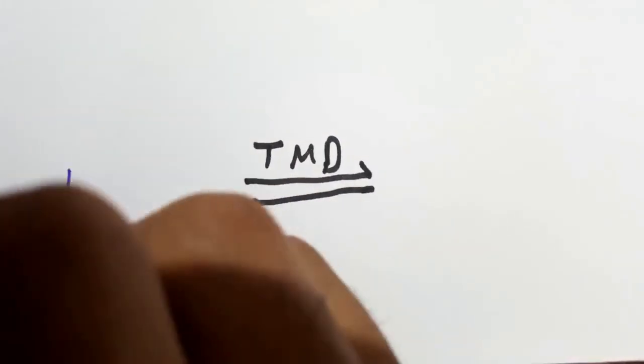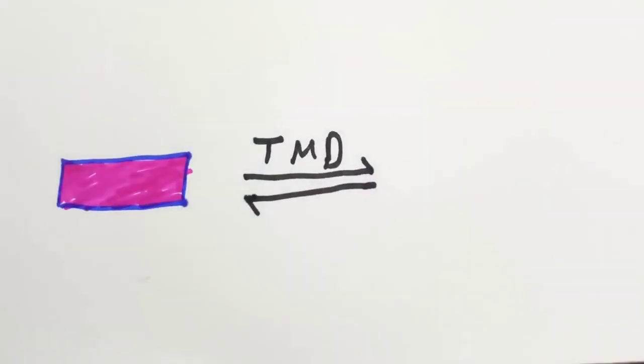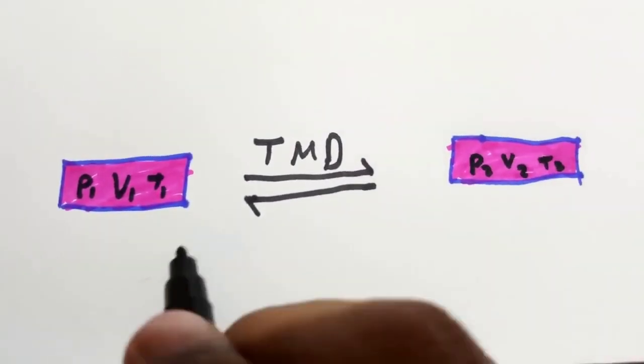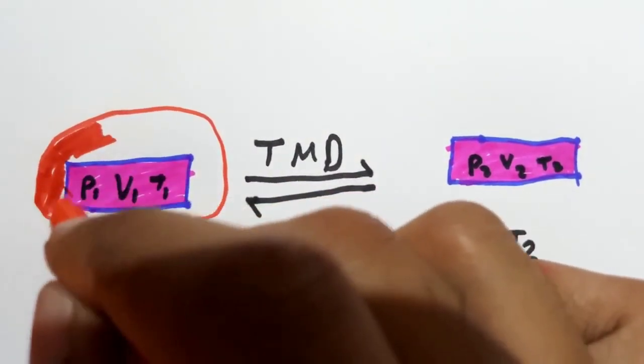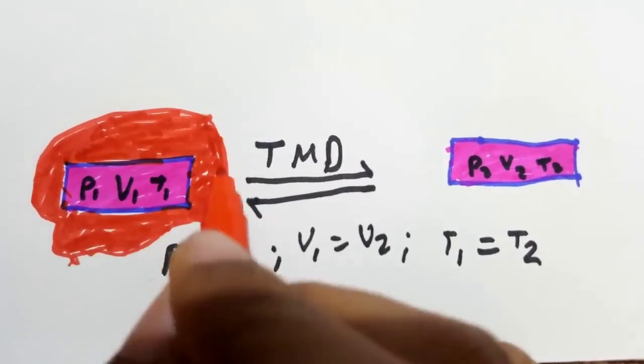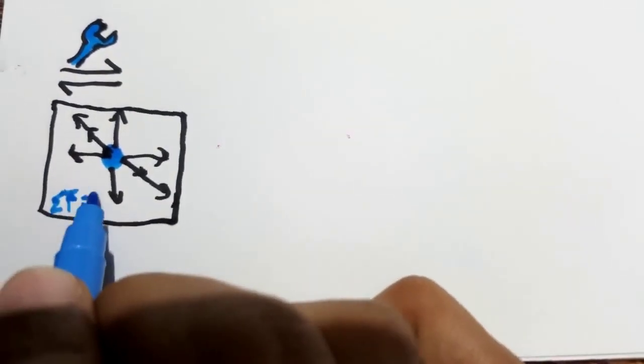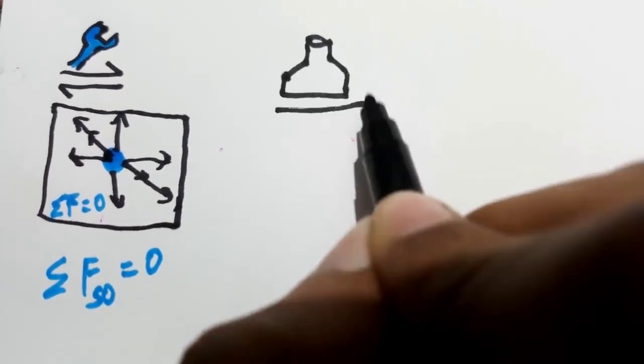Thermodynamic equilibrium is said to exist in a state when no change in any macroscopic property is seen when the system is isolated from its surroundings. There are three types of equilibrium that must be satisfied in order for a system to be in thermodynamic equilibrium. First, mechanical equilibrium, which translates to the absence of any unbalanced force within the system and also between the system and its surroundings.